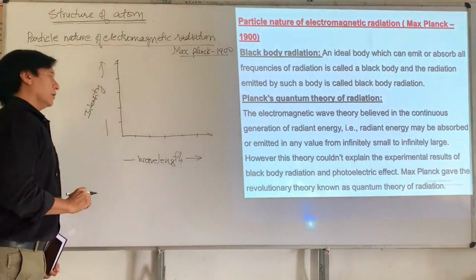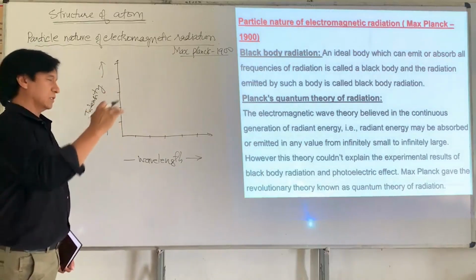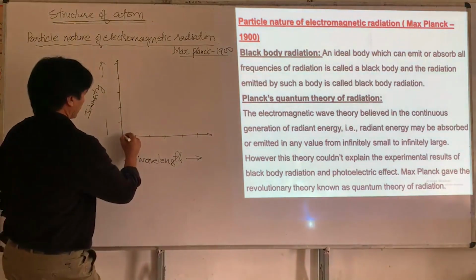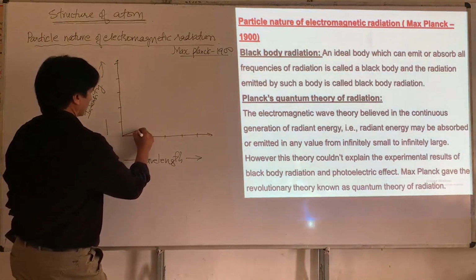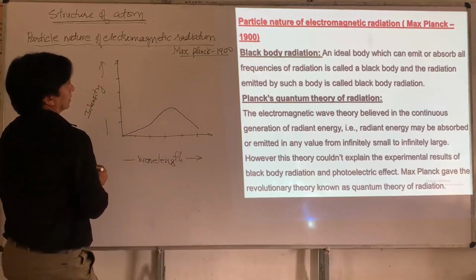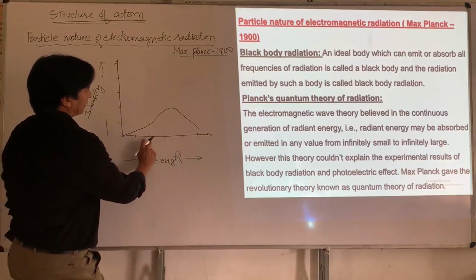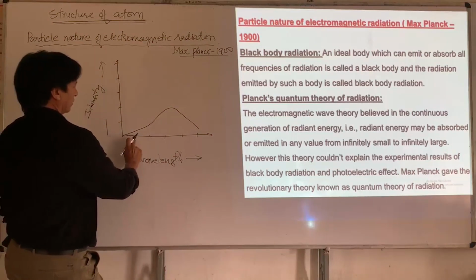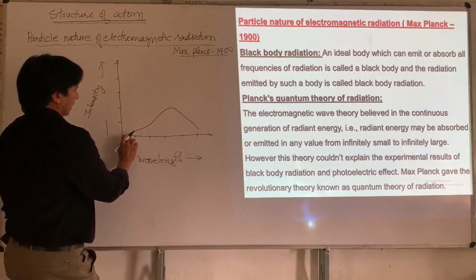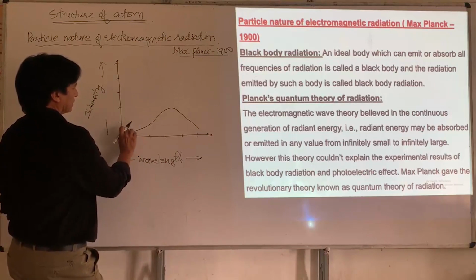Now it is seen that at a given temperature, like you're going to keep the temperature constant, with increase in the wavelength, you will see an increase in the intensity.